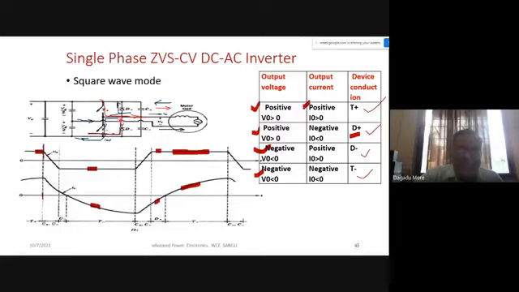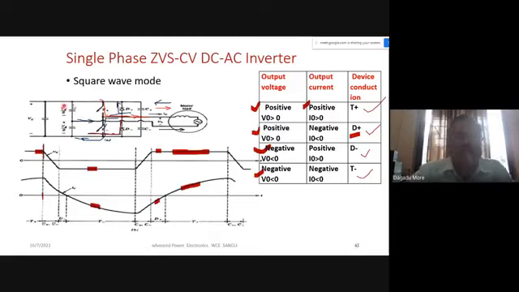So when D minus is conducting, the voltage across the device is 0, and we apply the T minus so that T minus is turned on at 0 voltage. Similarly, regarding the T plus, before that D plus is working. So D plus is conducting, and after that T plus is conducting. First the diode will conduct, and then the device will conduct, so that turn on is at 0 volt.